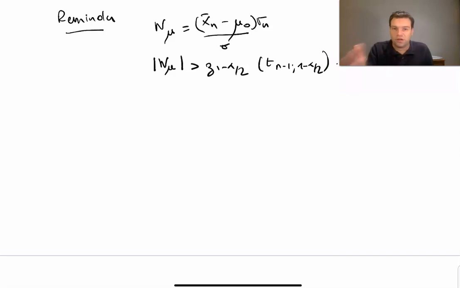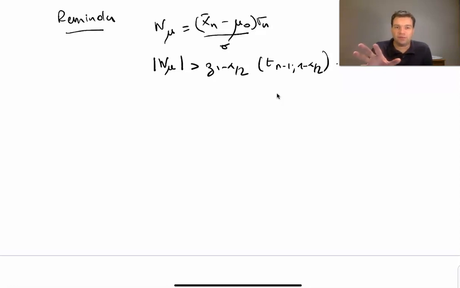In case xi is normally distributed but sigma is unknown, the quantile z 1 minus alpha divided by 2 should be replaced by the equivalent quantile of the student t distribution.